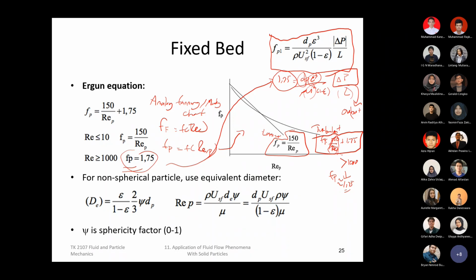So using this correlation, you can finish the delta P calculation pretty quickly.